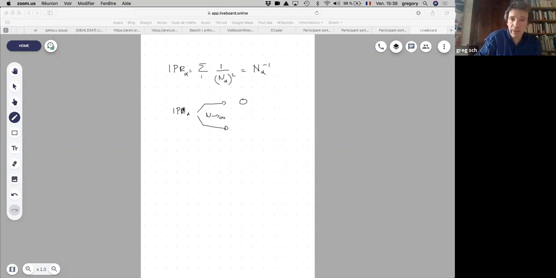Or it might stay finite, and in this case the IPR_α will just give me 1 over the number of sites over which the wave function is localized, and that's the second case where it might be strictly positive. So that's how we usually define a localized vector. It has a finite inverse participation ratio, while in the other case it would be delocalized.